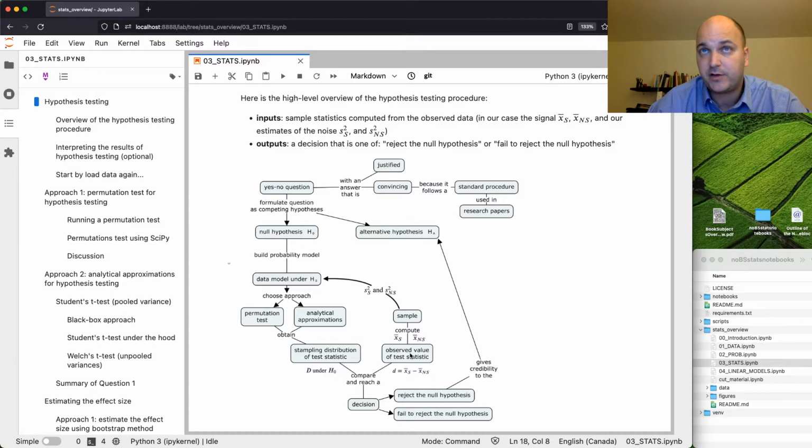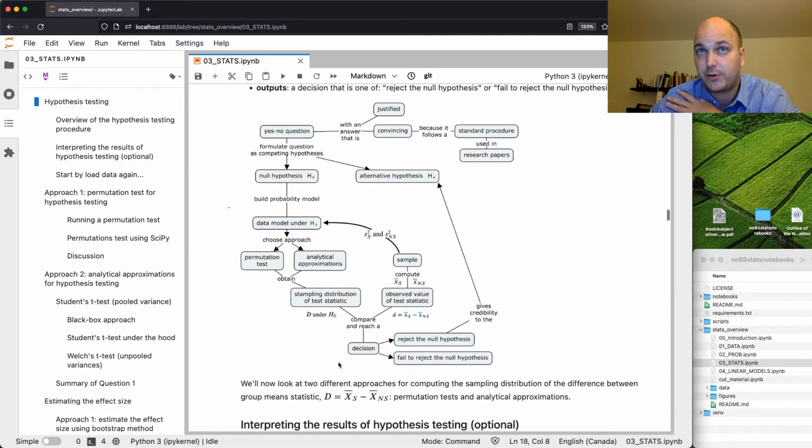And in parallel, from the sample, we're going to compute the observed difference D. That's why we're doing all of this: to see where this observed value of D fits within the sampling distribution under the null hypothesis. That's what the p-value is. How likely is this D under the distribution under the null hypothesis?